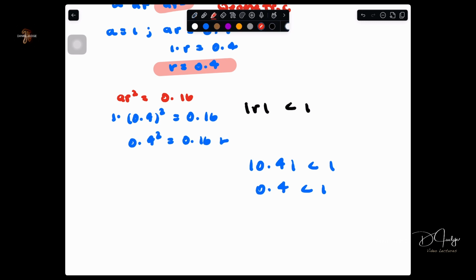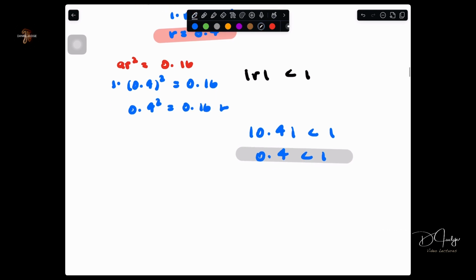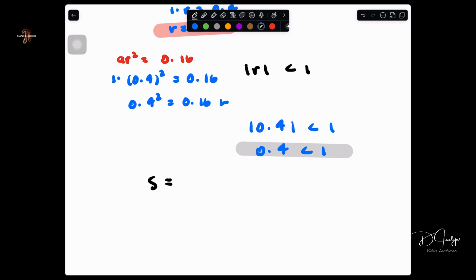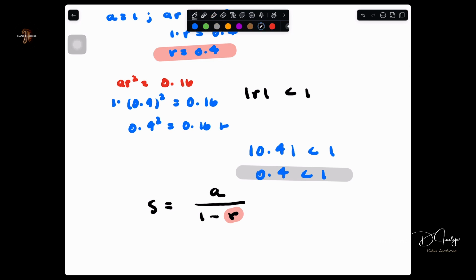So this is a true statement. We're looking for this relationship. So the sum now is a over 1 minus the r value. And r we know is 0.4. A we know to be 1.